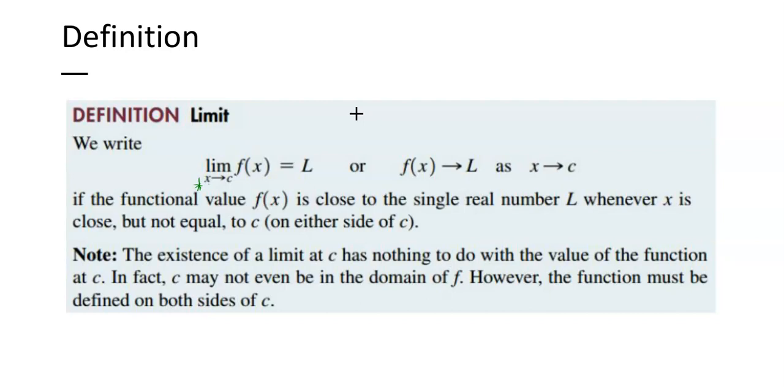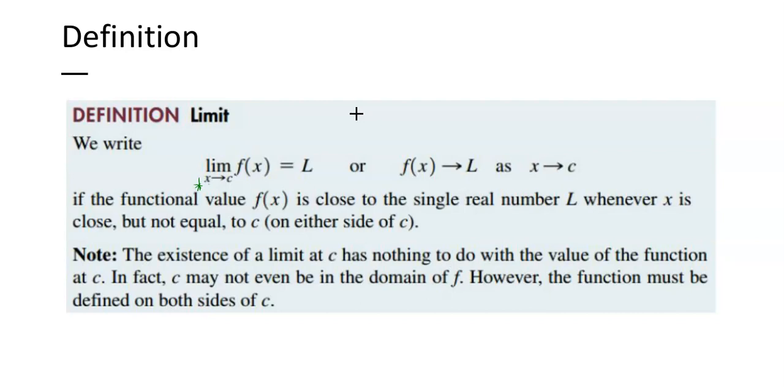The existence of a limit at c has nothing to do with the value of the function at c. As I just mentioned, if we're trying to find the limit of f of x as x approaches 2, we're not going to plug 2 into the function. That's not what we're evaluating. We're trying to see the value that f of x approaches as we get closer to the number 2, but not exactly equal to 2.